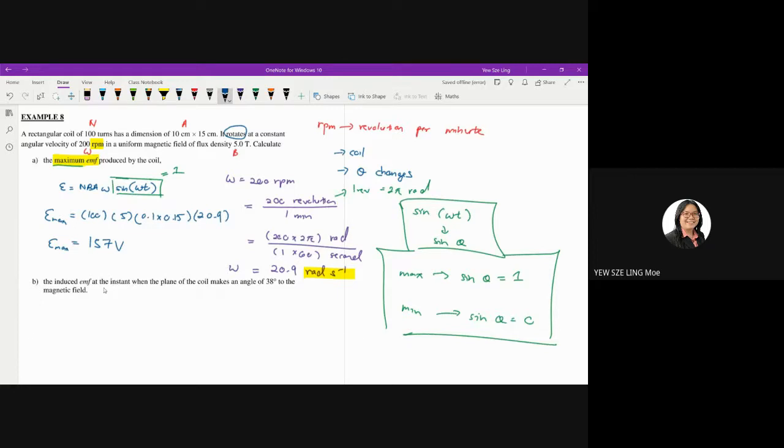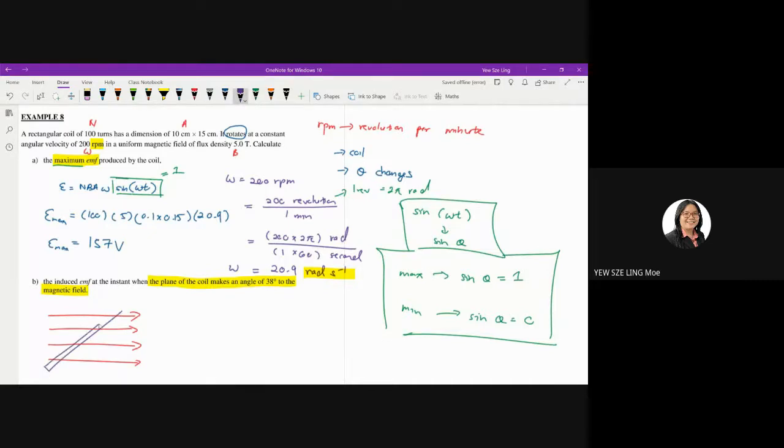Question B. The induced EMF at the instant when the plane, if you look at the question, it tells you the plane of the coil makes an angle of 38 degrees to the magnetic field. I'm going to assume my field is from left to right again, and I have a coil right here.